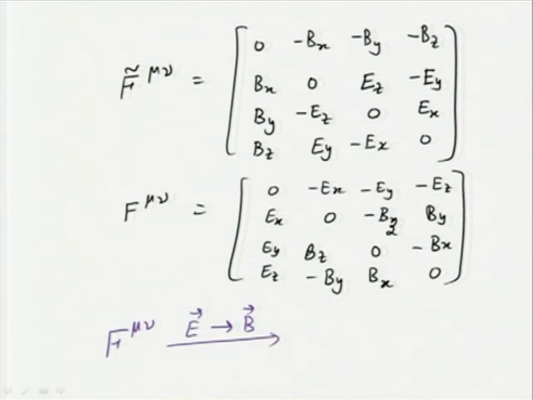So, wherever you have an E_x, you replace it by B_x, E_y goes to B_y, E_z goes to B_z, and wherever you have a B_x, you change it to minus E_x, B_y to minus E_y, B_z to minus E_z. So, that will give you f tilde mu nu, or the other way around.